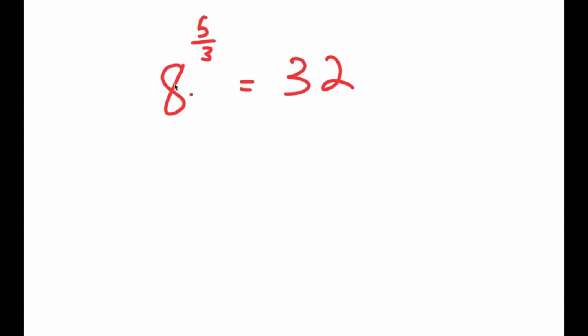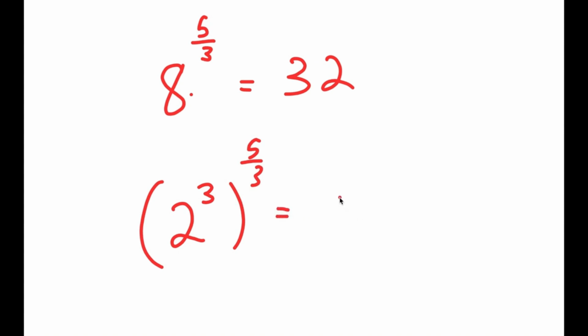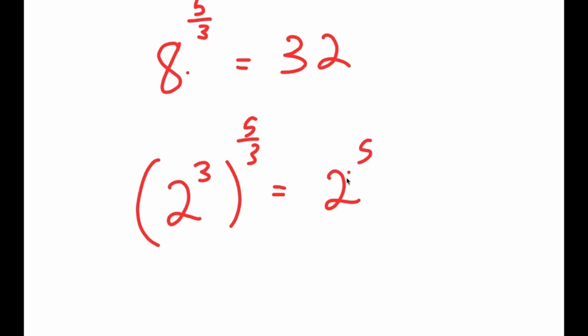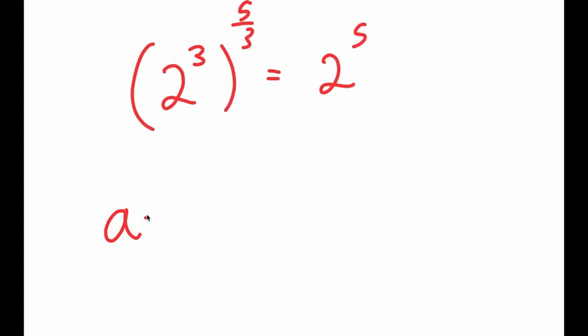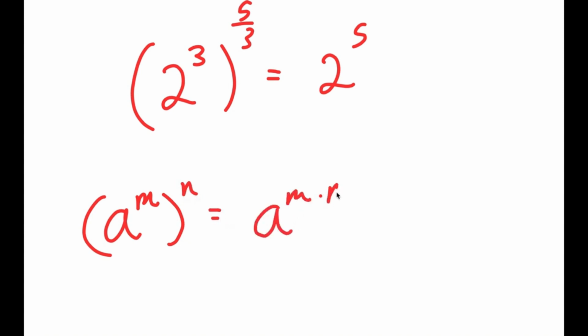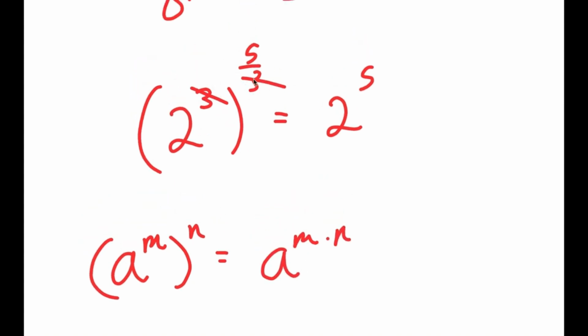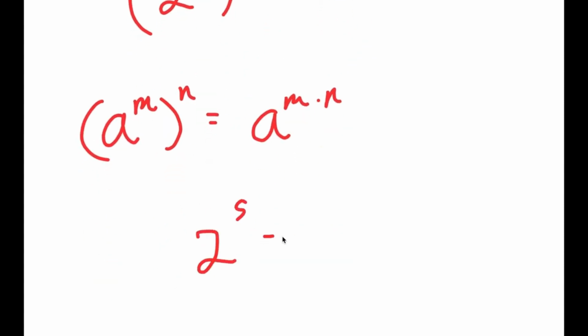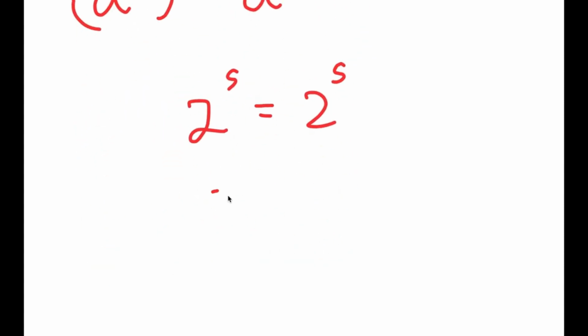Now, 8 is the same thing as 2 to the power of 3, so I get 2 to the power of 3 to the power of 5 over 3 is equal to 32, which is the same thing as 2 to the power of 5. And if I have something in the form a to the power of m to the power of n, this is equal to a to the power of m times n. So these two 3's cancel out, and I get 2 to the power of 5 is equal to 2 to the power of 5, or 32 is equal to 32.